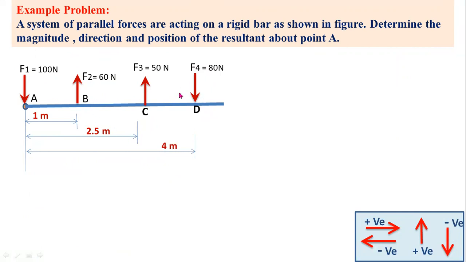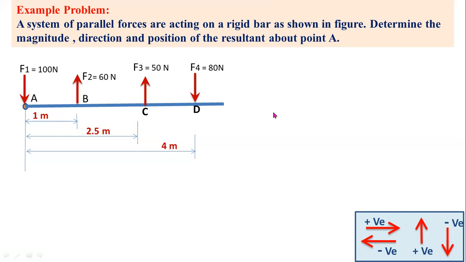Now you have to find the magnitude, direction, and position of the resultant force with respect to point A. With respect to point A, you have to find the position of the resultant. These are the important steps to determine the resultant.